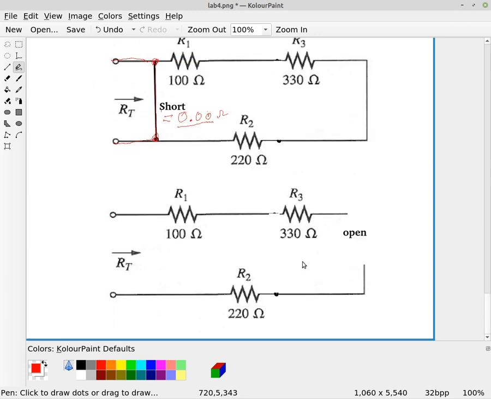Now here is an open circuit. So we've got R1 is connected to R3, but right here at this point now there's a break in the wire. All right, that break in the wire is considered an open, and so the resistance is really, really big. Now we've all seen lightning, so we know that electricity can flow through the air.